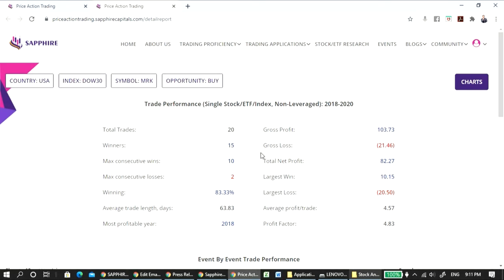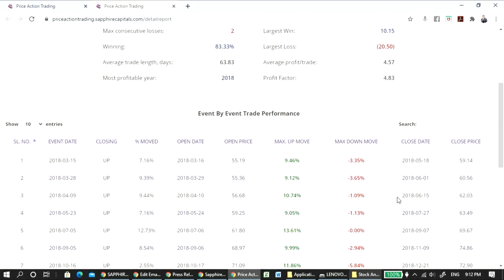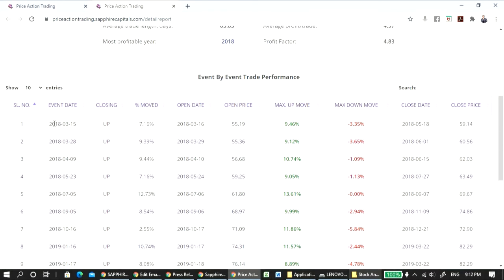So this is the detailed report trade performance table, and let's look at the event by event performance of that particular stock when price action had happened. In this particular table, we'll first see how many entries we are talking about. So there are 20 entries here. Let me increase this table to say 25 entries, so that I can see everything in one table.